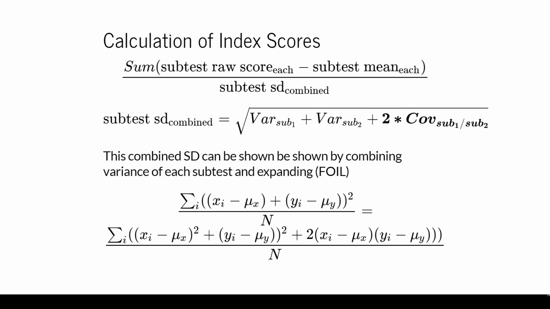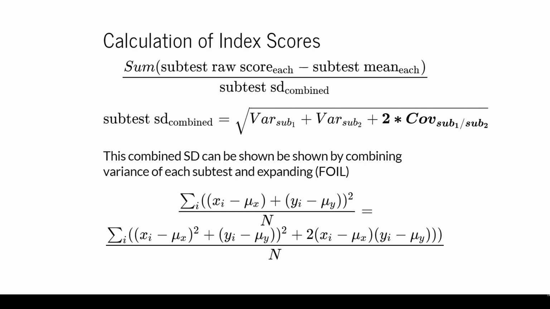And you can find out that this formula can be obtained by expanding how we calculate standard deviation. I show below that you are subtracting the mean from each one of the values for all of your subtests, x's and y's, and then you're squaring those. So it's the sum of those squares divided by n.